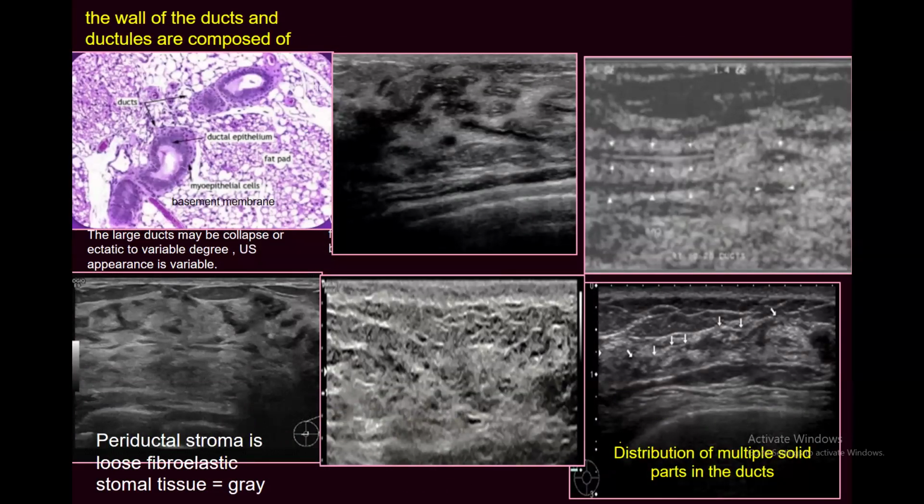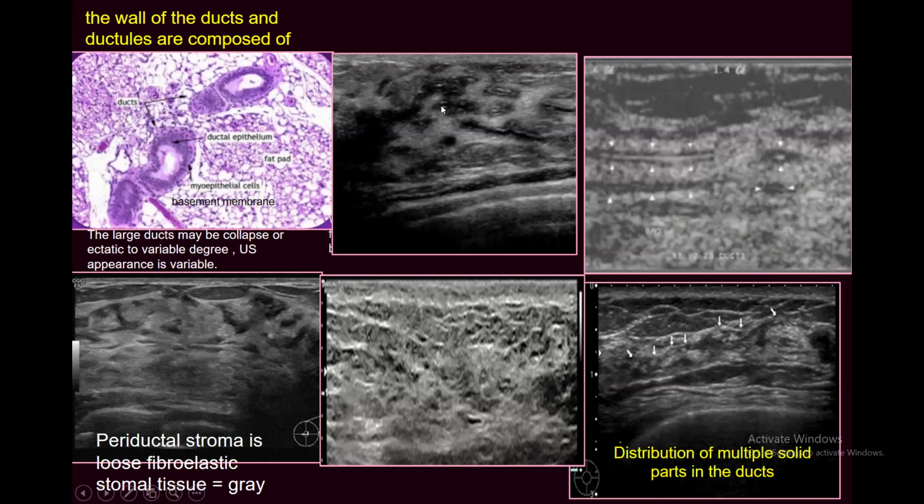The ducts, as we mentioned before, have variations in ductal caliber. They can be collapsed or dilated, you see, but they are supposed to be not abnormally dilated. And the epithelial lining of the ducts is hyperechoic.